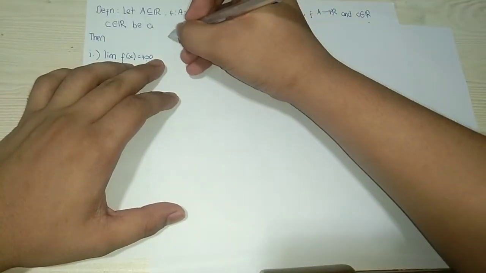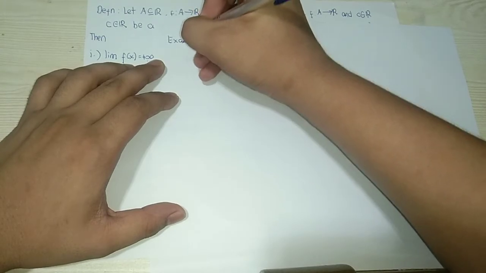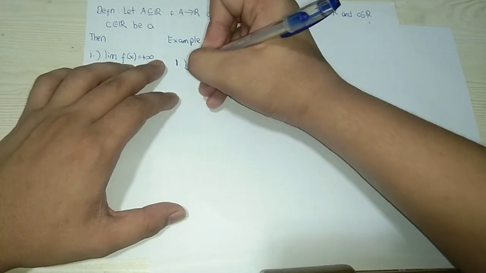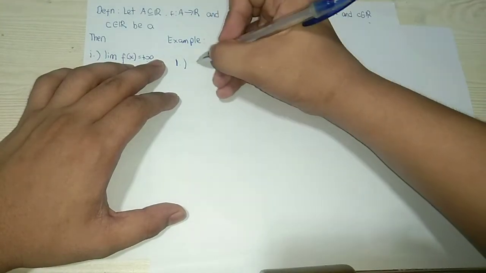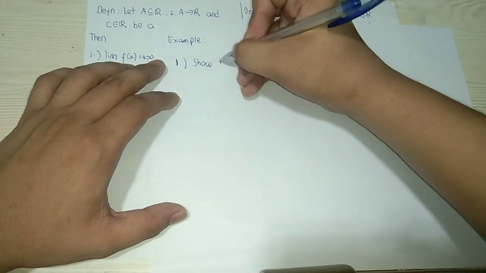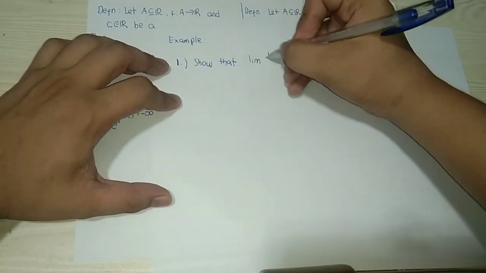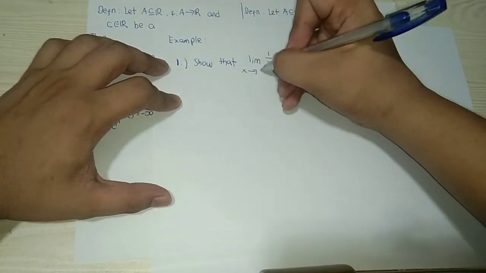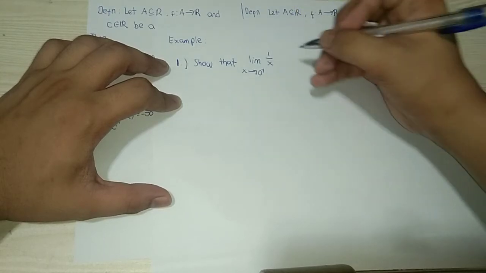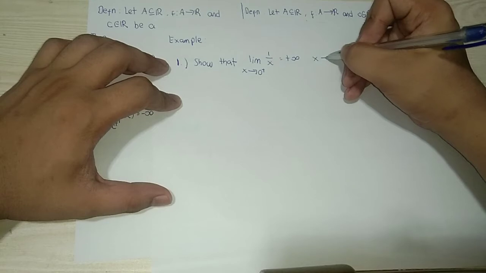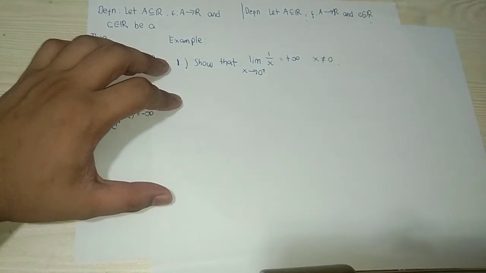Okay, so example. So, magbibigay ako ng dalawang example. Number 1. Show that limit of 1 over x as x approaches 0 from the right is positive infinity provided that x must not be equal to 0.